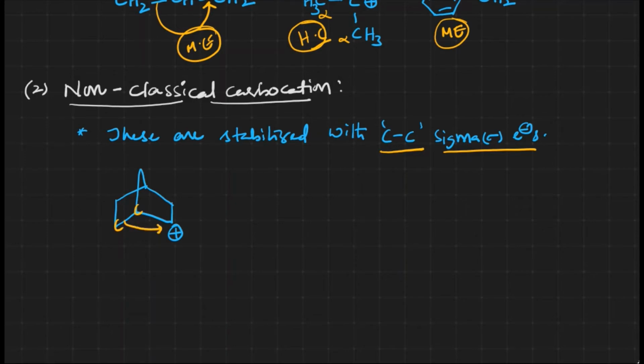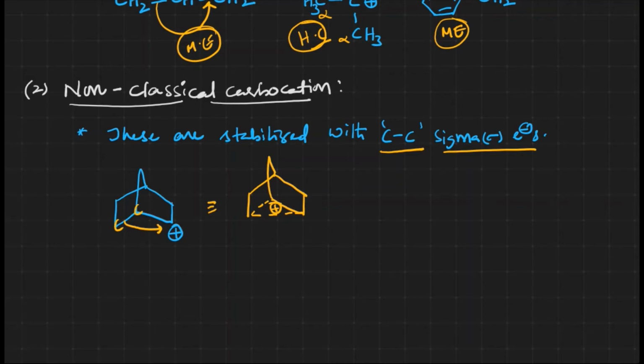See here. These electrons, this single bond C sigma electrons, are stabilizing this carbocation by a kind of delocalization.